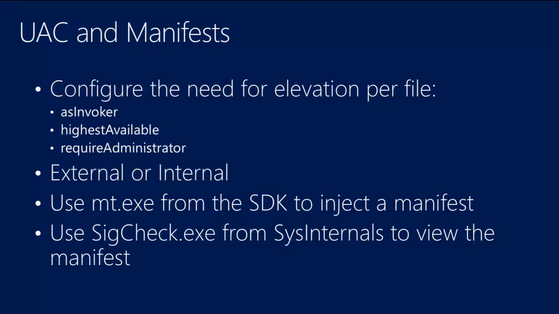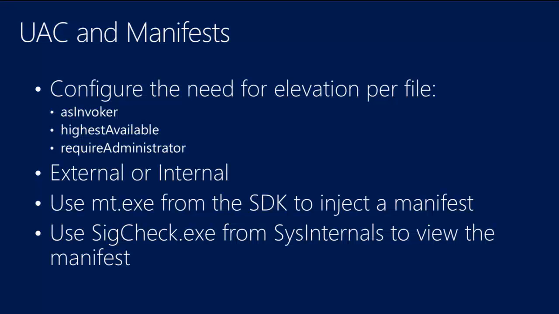And a manifest is actually used by developers. It's used by Visual Studio to create an executable and tell Windows what to do with the elevation. And in the manifest, you can configure 3 levels of elevation for the executable.